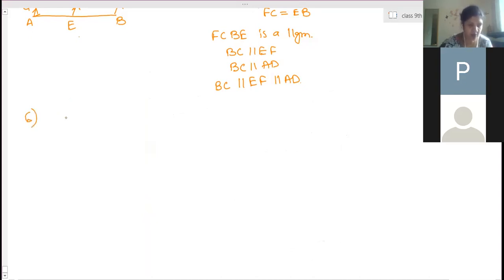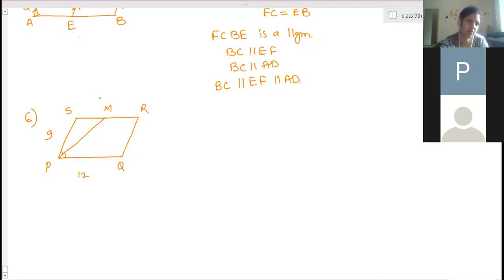ABCD, a parallelogram PQRS. PQ is 12, PS is 9. The bisector of angle P meets SR in M, so this and this angle are equal.